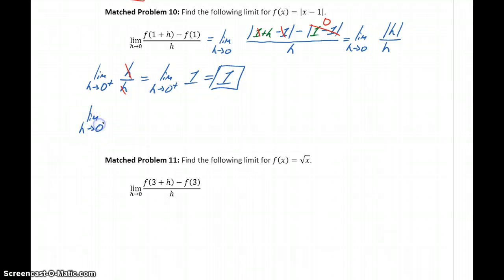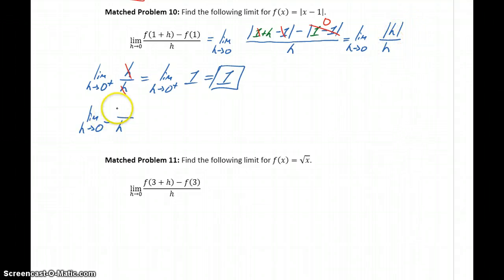As we consider the limit as h approaches 0 from the left, we still have h in the denominator, but now we need to consider what the absolute value of h should become. So we're plugging in negative values for h, so negative 10, negative 5, negative 3. So we're plugging in a negative number, but because of those absolute value bars, our result ends up being positive.